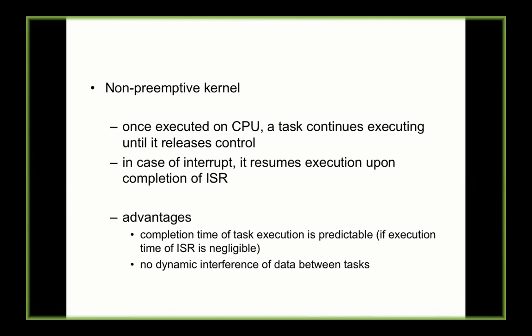The reason is, we don't need to store the context of the task, because till it's complete, no other task will get the CPU. Yeah, but interrupts can arrive. So naturally for interrupts, I always need a separate stack. Remember, irrespective of the type of kernel, the interrupt must be serviced as quickly as feasible, and hence you must have a dedicated stack to perform this work.